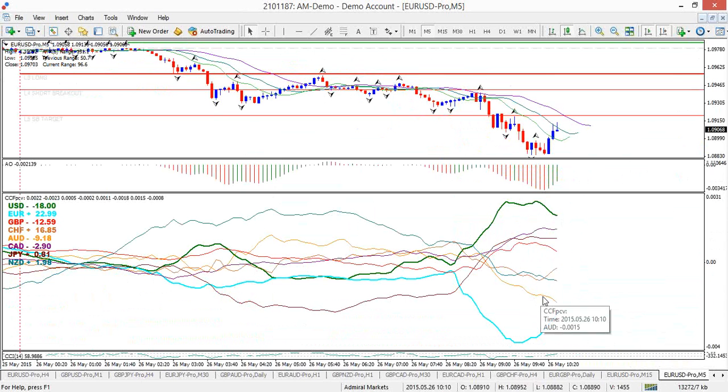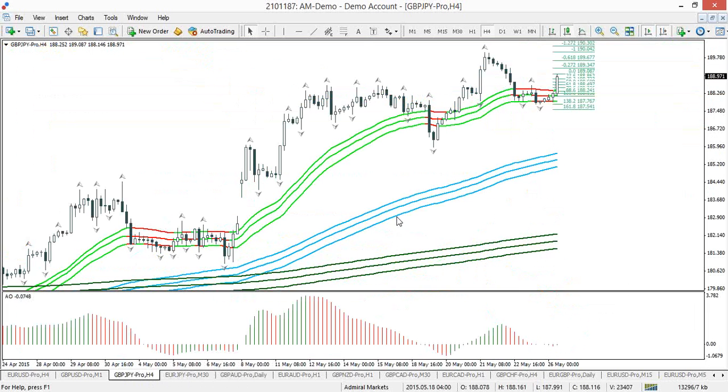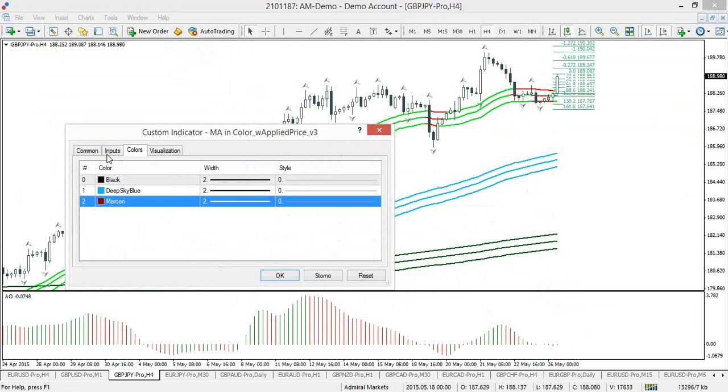So perhaps time to take a look at the Aussie and its weakness, maybe against something like the Swiss franc, for instance, which is rising here. We can see the dollar perhaps. So let's take a bit of a look at the Aussie. If you want to change the moving averages, by the way, you just right-click on the moving average, click on properties, and then you can go to colors here and change it. All right.